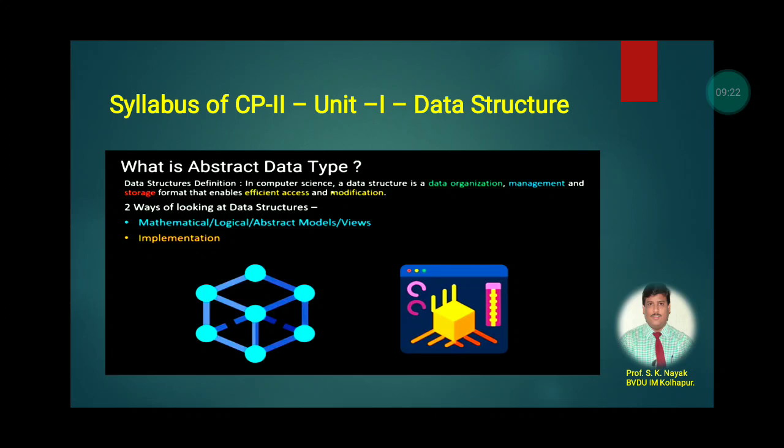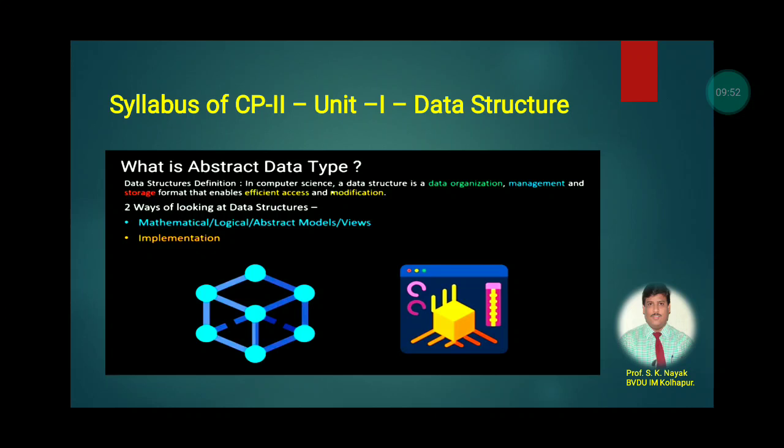Now when we look at abstract data structures especially, we have two ways. One is we can represent abstract data types in mathematical, logical, abstract models or views. This is the one way we can represent our abstract data type.